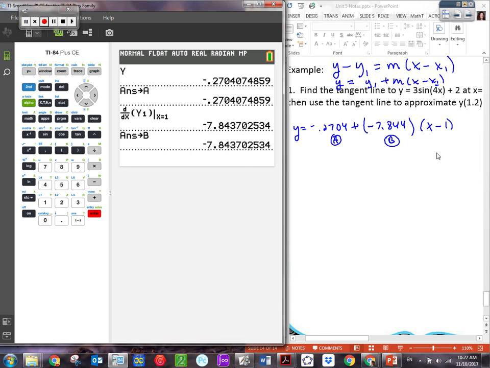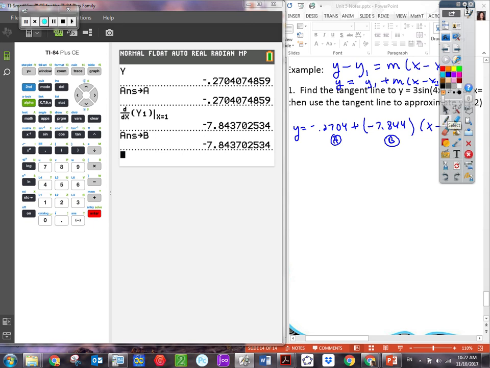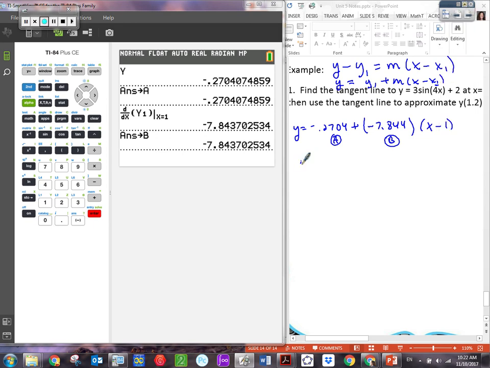It's written right here. We will now want to use it to approximate y of 1.2. So what does that mean? What do we want to do? So y of 1.2 is approximately, right? What we want to do is put a 1.2 right here where the x is. That's what we're using our tangent line for, as an approximator. We're going to enter the 1.2 right here.